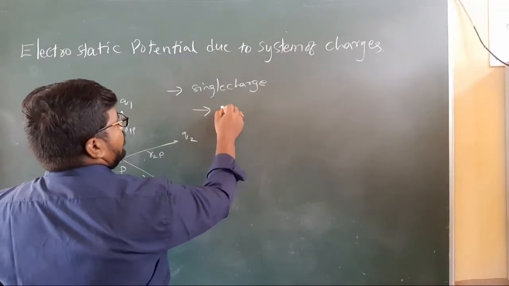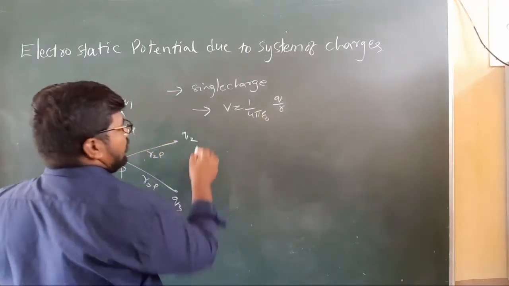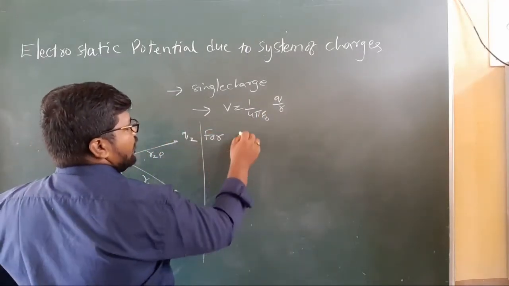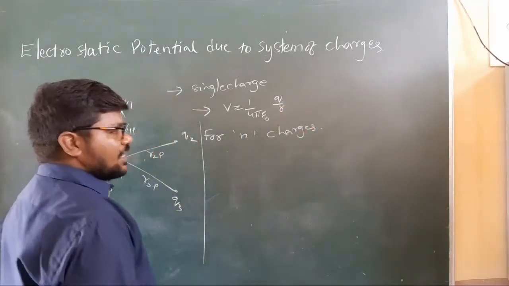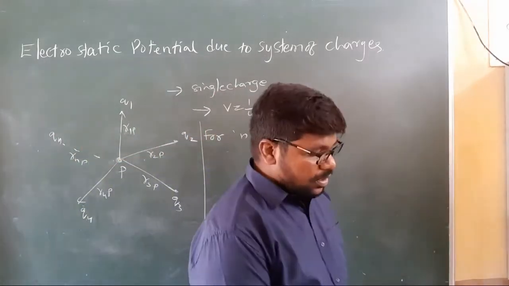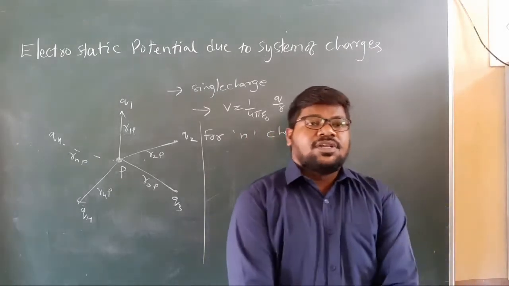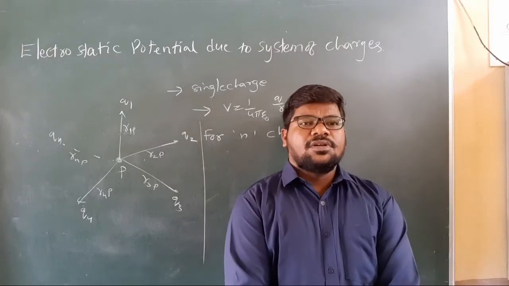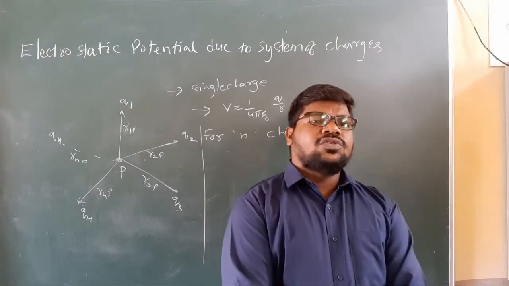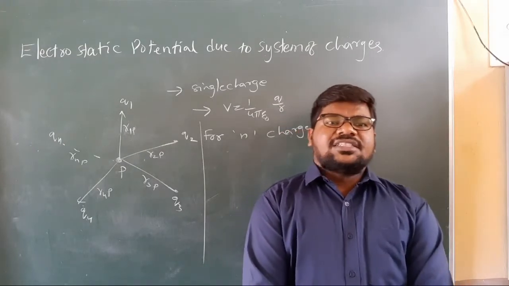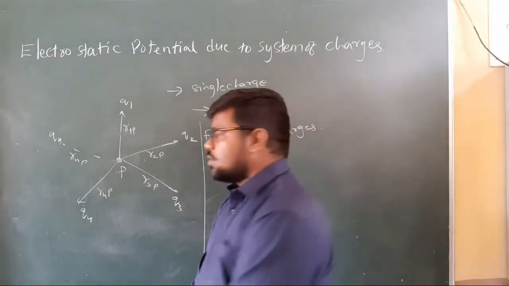For a single charge, V is equal to 1 by 4 pi epsilon naught Q by R. For n number of charges, we have to use the superposition principle. Using the superposition principle, we obtain the resultant potential at point P due to the total charge configuration as the algebraic sum of the potentials due to individual charges.